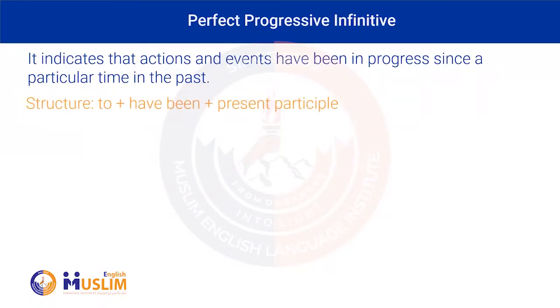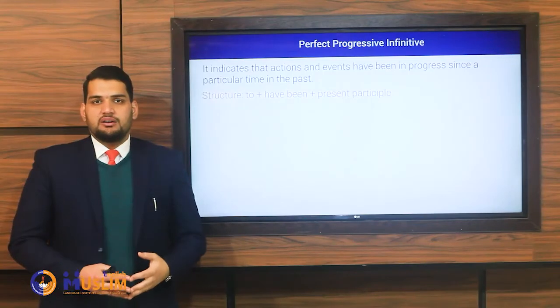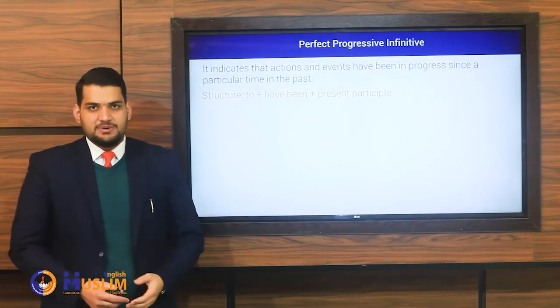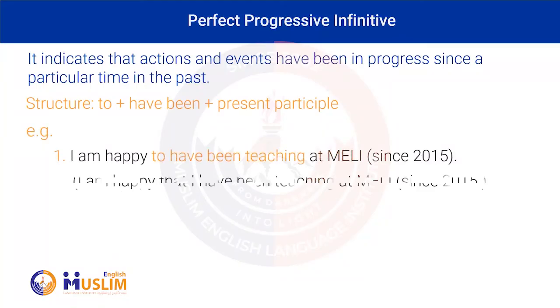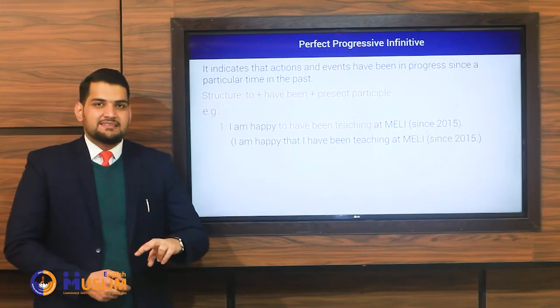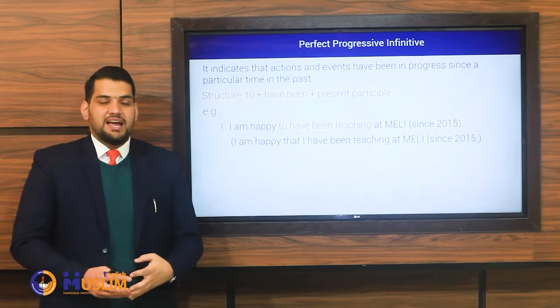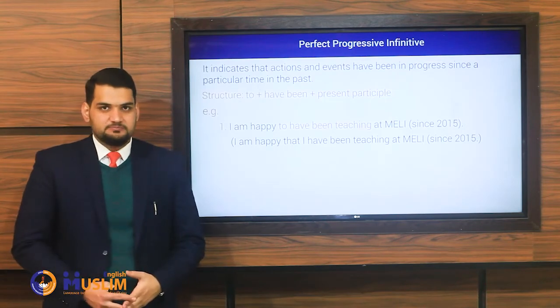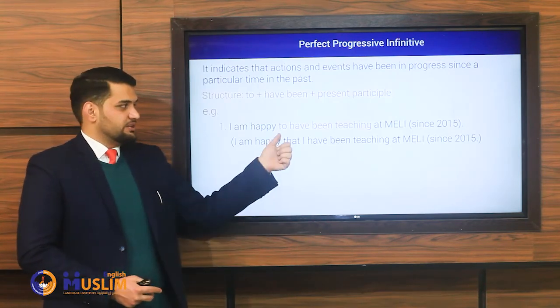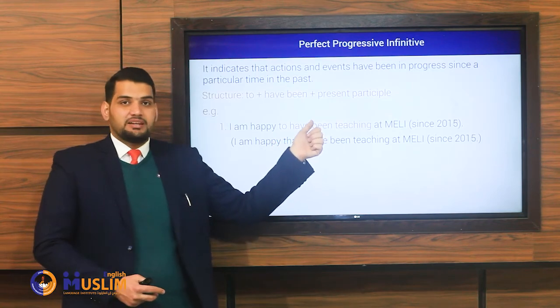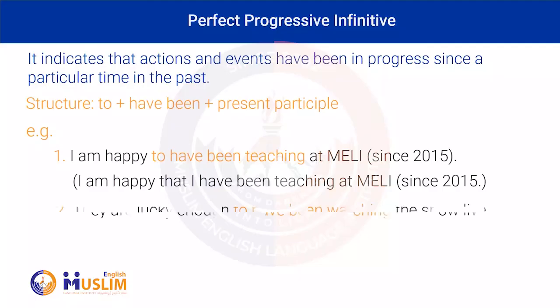We have to, then we have and been, plus the present participle or the continuous form of the verb. Let's make some examples. I am happy to have been teaching at Melly since 2015. So this sentence has the same meaning as I'm happy that I have been teaching at Melly since 2015. So notice the structure: to plus have plus been plus verb ing.